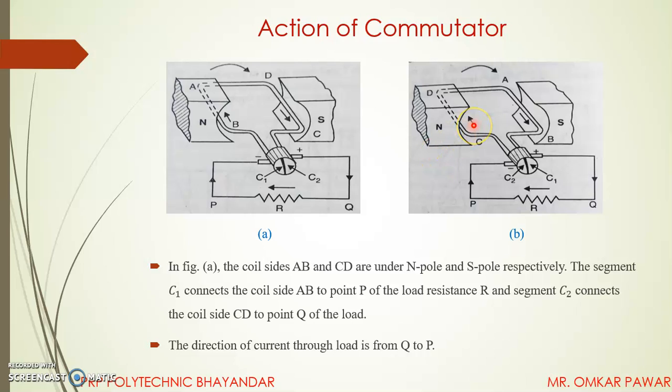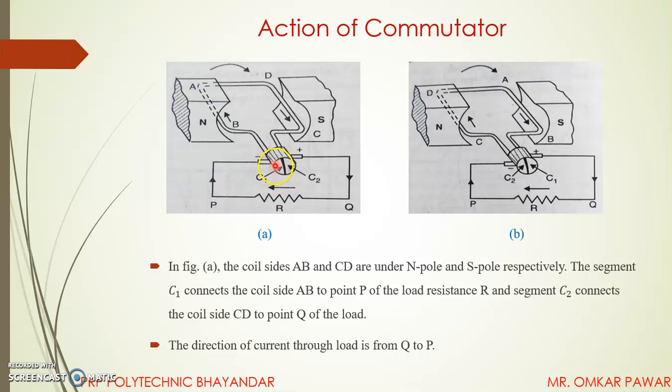That means after 180-degree rotation of the coil, the coil side AB is under S pole and coil side CD is under N pole, and the commutator is also rotated.